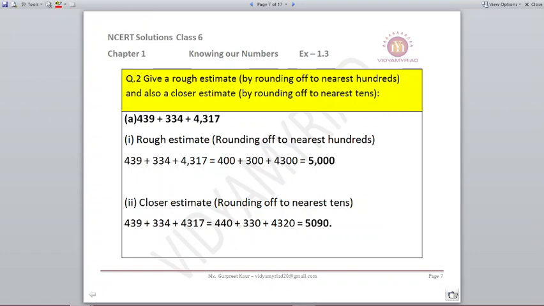Add them together, you get 5000. Now when I do nearest to tens, 439 will become 440, 334 will become 330, 4317 will become 4320. You look at the ones place, more than 5 or less than 5. Total becomes 5090.